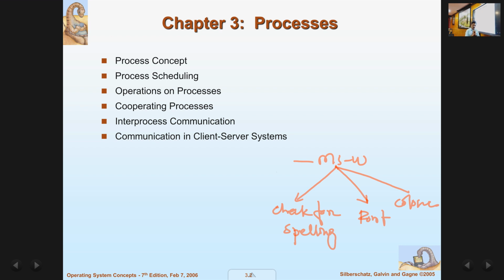So whenever you execute an application, it gives birth to many processes. This is how you can imagine a process, and that is all about the actual existence of a process in the system. It is a program under execution.